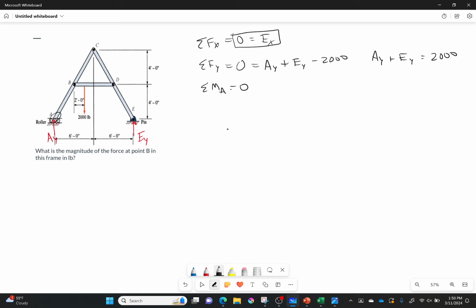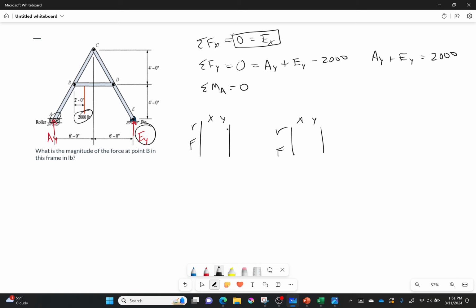The sum of the moments is going to be equal to 0. Now I'm going to look at each force: 2,000 and EY. And once again, I'm going to use this whole box method because, one, I like it a lot. It works well for many students. If it doesn't work well for you, then you need to find a way that does work well for you. I've shown some other ways too. You can use what I call the point and turn method.